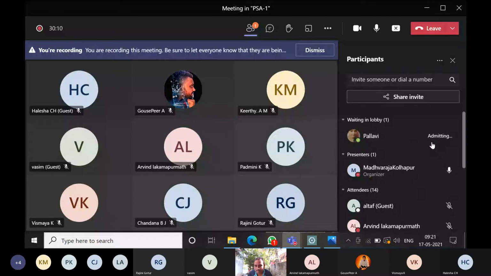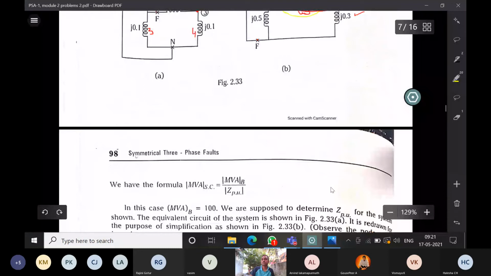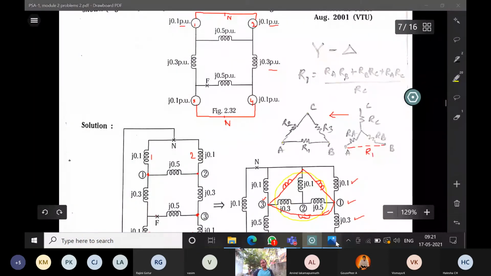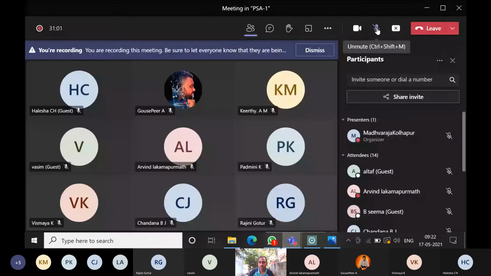Do it quickly, otherwise daily it is possible to solve only one problem. Anybody got the answer?